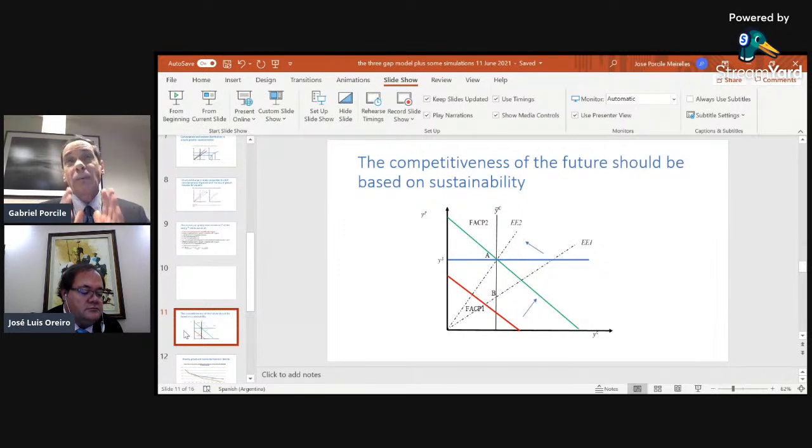I mean, equality is a critical objective, and for our estimates, the rate of growth necessary for equality is higher than the rate of growth compatible with external equilibrium, and the rate of growth compatible with external equilibrium is higher than the rate of growth consistent with the promises we made in the national determined contribution.